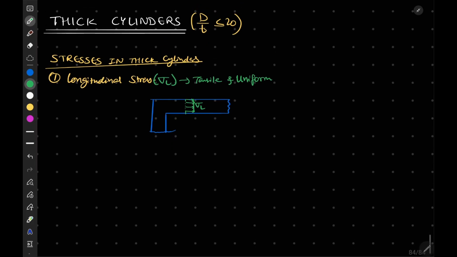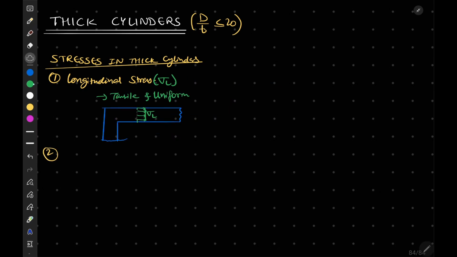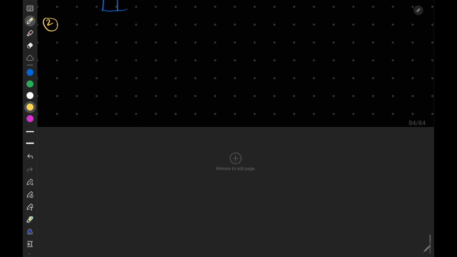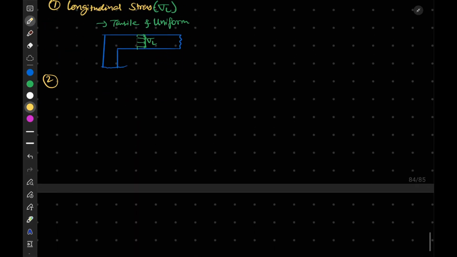Now the second type of stress is your hoop stress or circumferential stress.